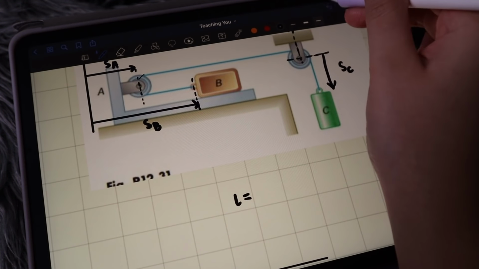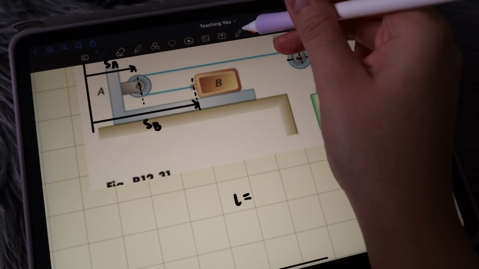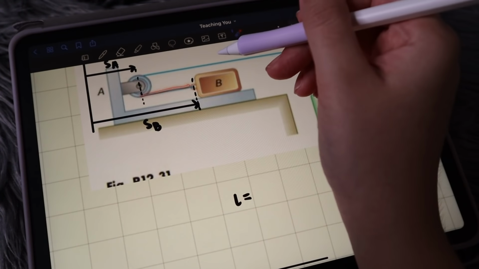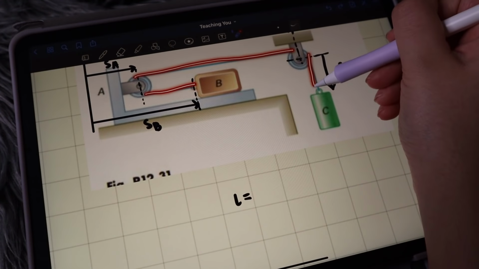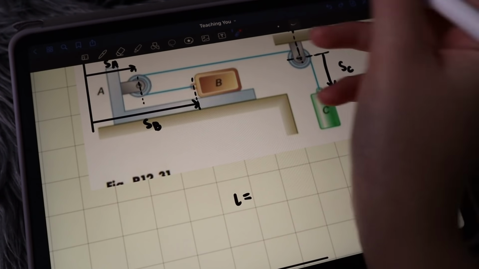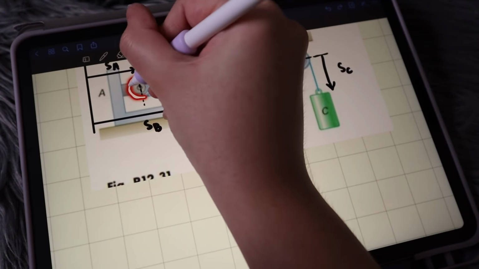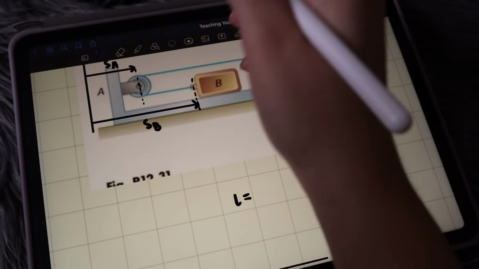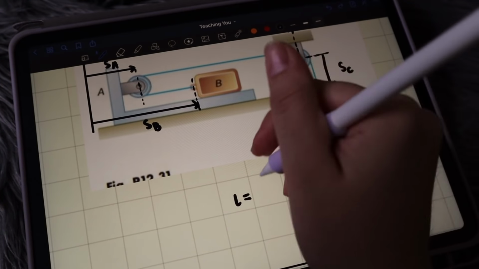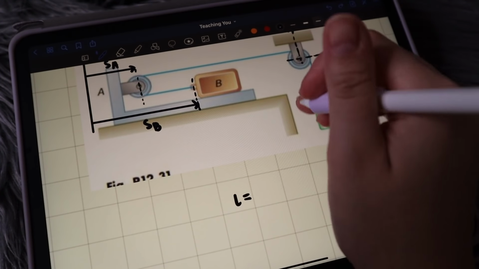Okay, so let's start with this piece. So it's going to be this piece plus this one plus this one. All of these pieces of the rope are constants, so they won't really matter, but we're still going to include them.